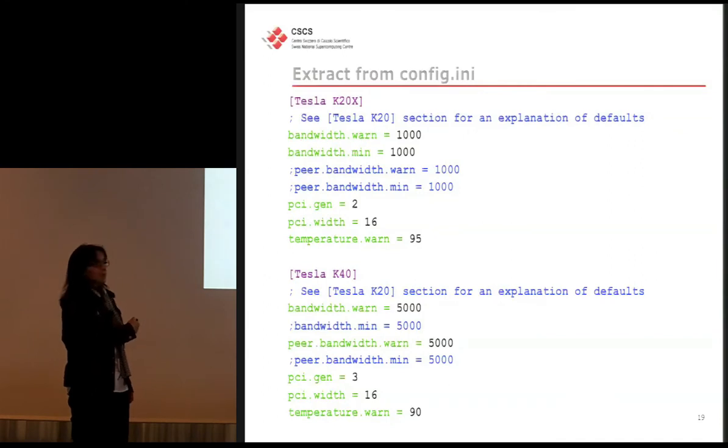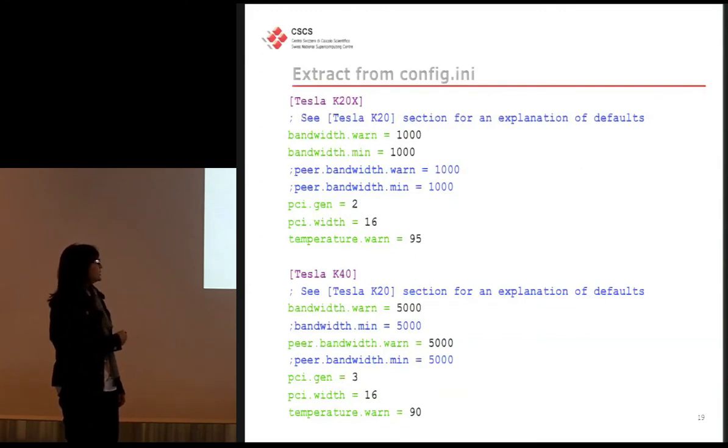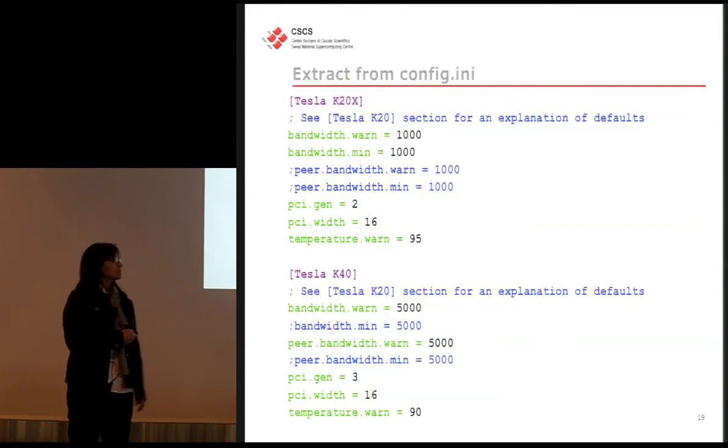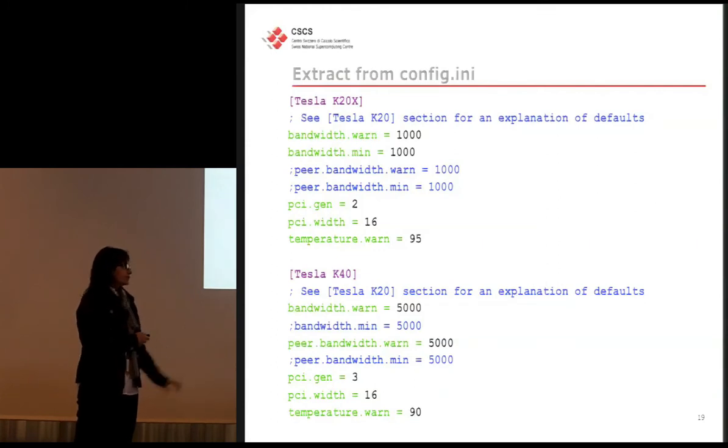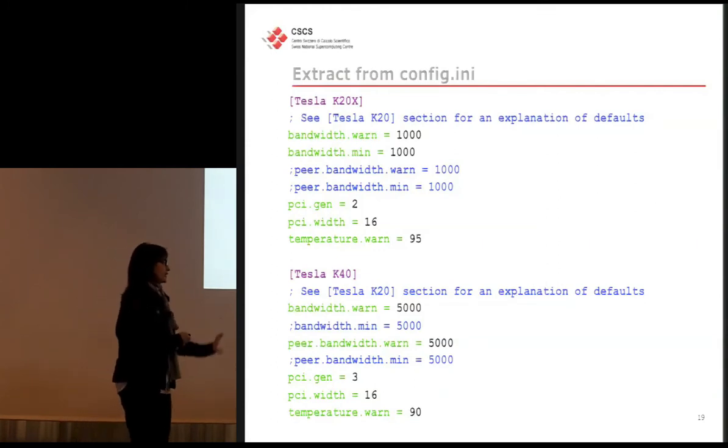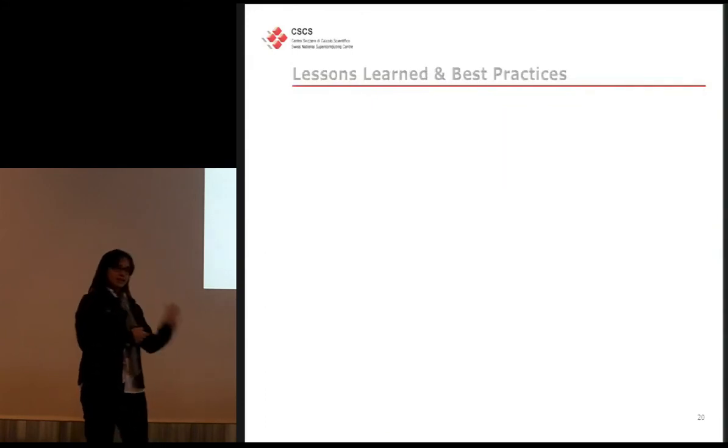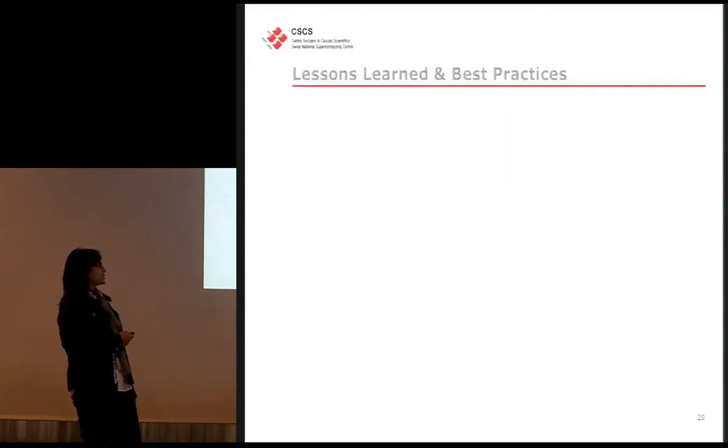Of course, we have K20X on our system, so I want Gen to be 2, PCI width with this, temperature warning, blah, blah, blah. And if you happen to have a latest generation of Tesla, you can, of course, change the PCI gen and other things accordingly. So it's pretty customizable and not too difficult to use all in all. But don't have too much faith in it yet. But it's a step in the right direction.